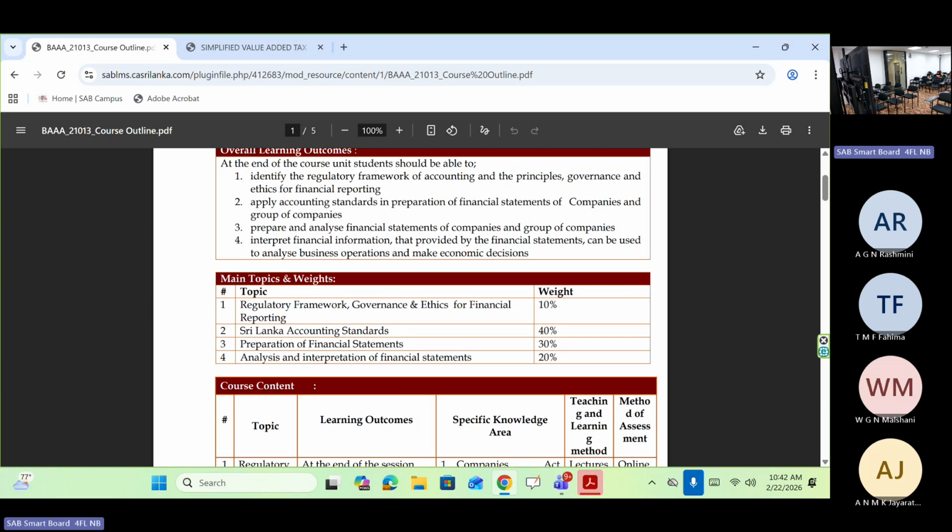The development cost is a type of internally generated intangible asset. Development can be recognized as an intangible asset, but research cost can't be recognized as an intangible asset.